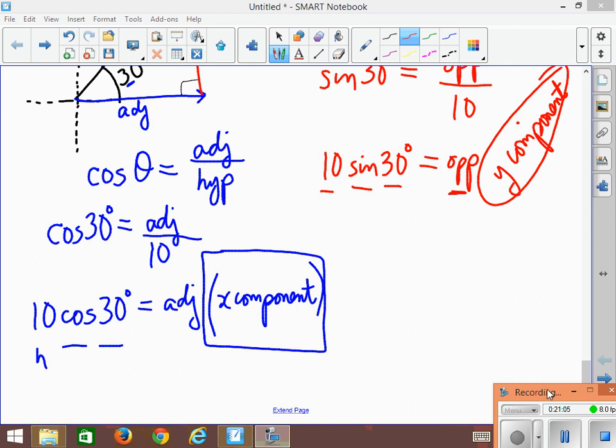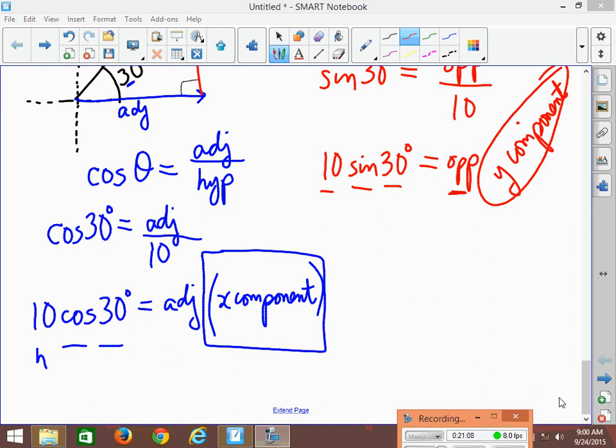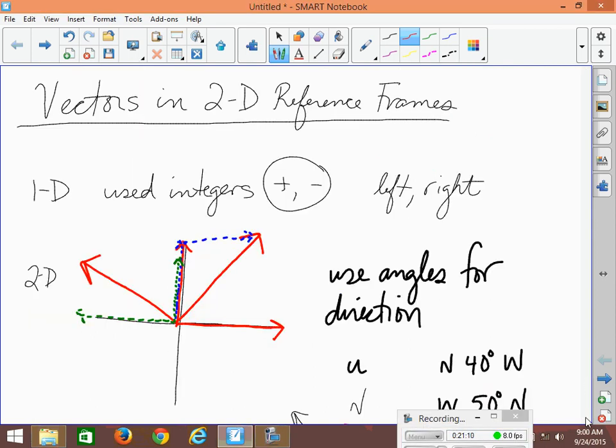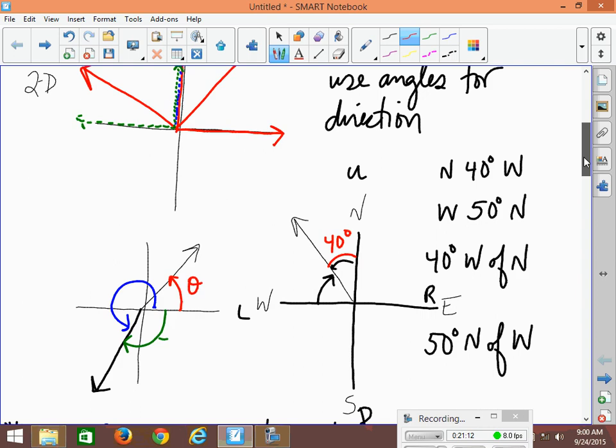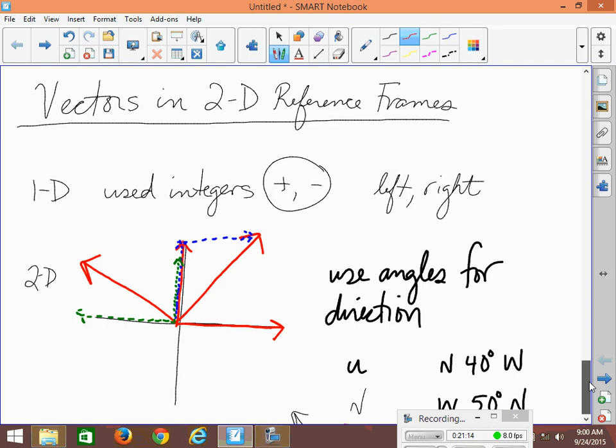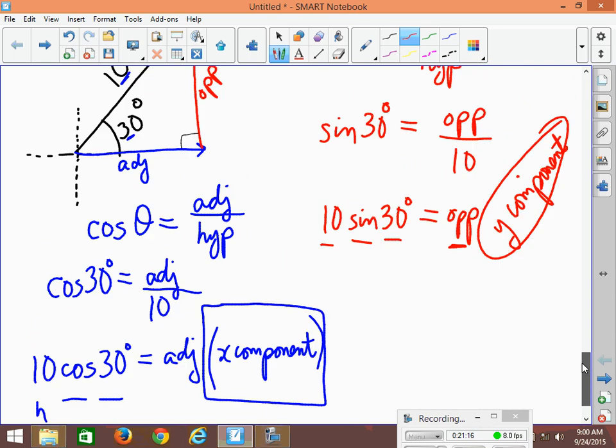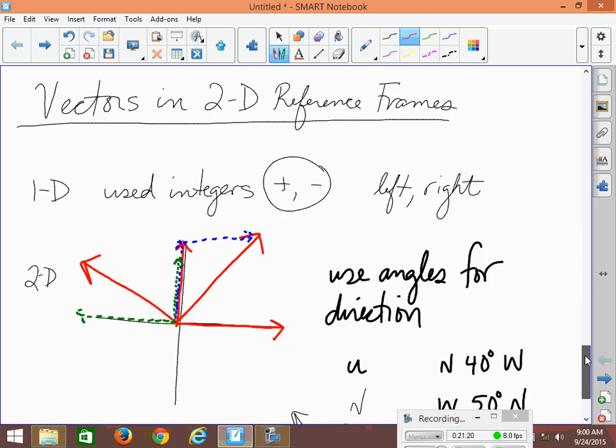I think it's because this little recording box is in the way. So there we are. We've reached the limit of the page. It's not going to allow us to go down any further. We will win this fight.